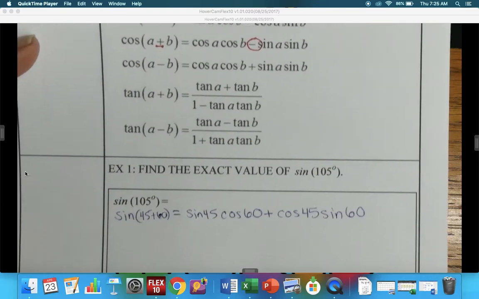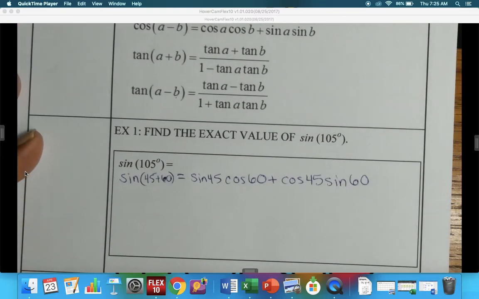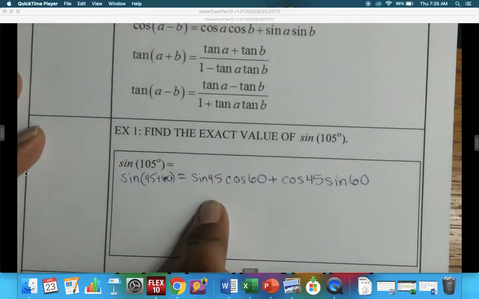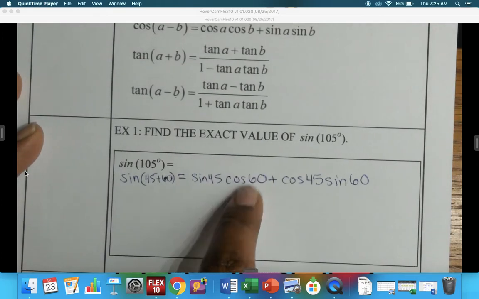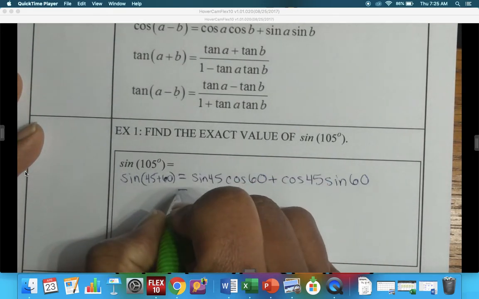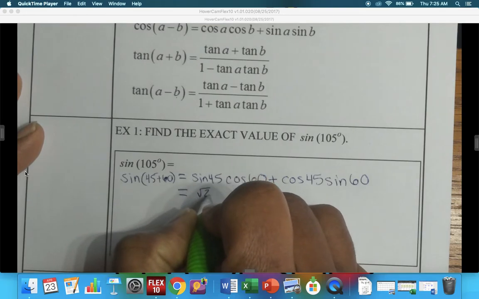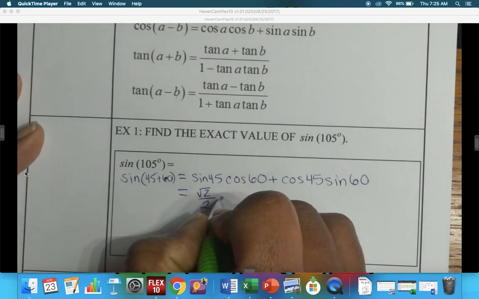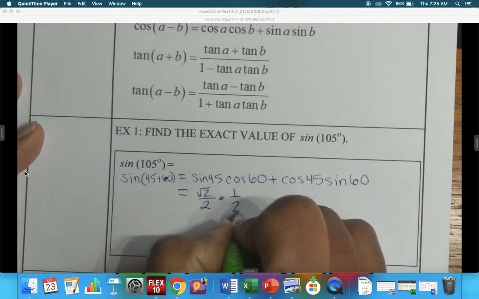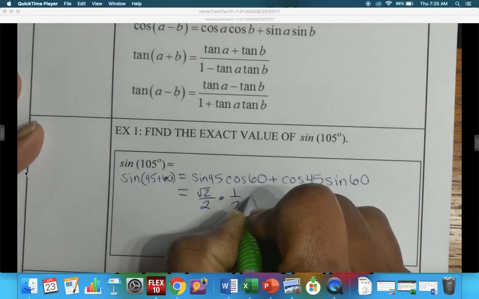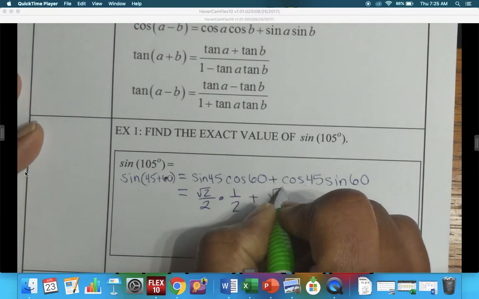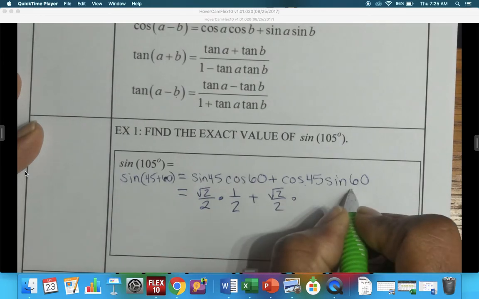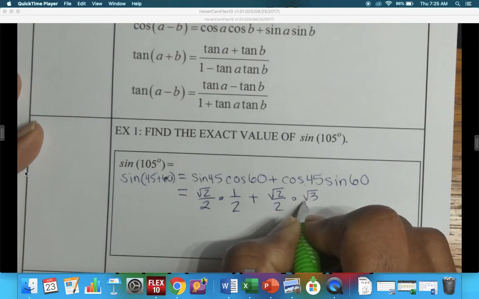Following the formula, that's all I needed the formula for. Now I'm going to the unit circle: sine of 45 is root 2 over 2, cosine of 60 is 1/2, plus cosine of 45 is root 2 over 2, and sine of 60 is root 3 over 2.